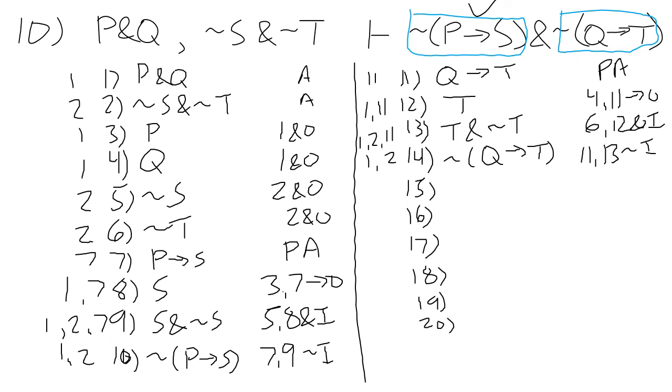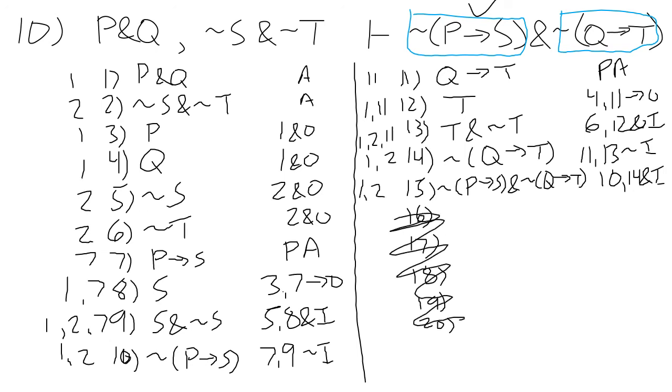Now we've got both of our conjuncts. So we'll put them together. That's going to be 10 and 14, and in, 2. And the rest of these we don't need.